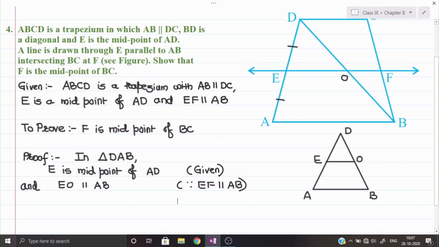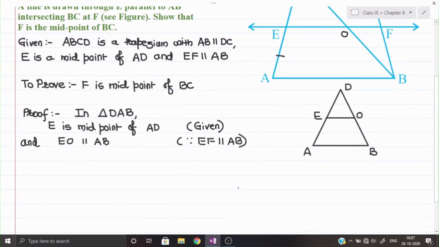Okay, now see, these are the two main requirements of the converse of the midpoint theorem. One, out of E or O we require the midpoint. Second, the line from E should be parallel to the base, or the third side. That we are getting here.